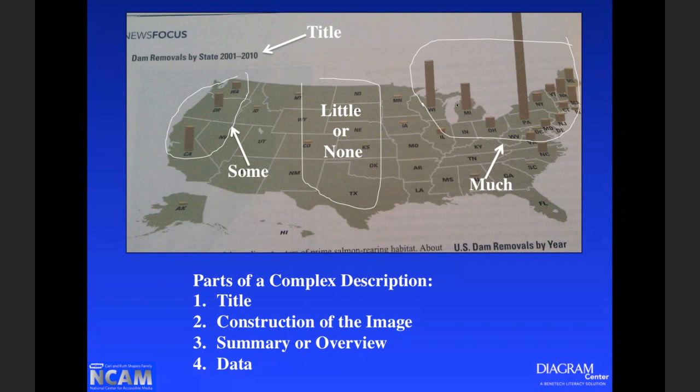The graphic was really just to visually show what I just told you, that general sentiment about where, in the briefest terms, activity was happening, but not to really break it down and say, well, in Pennsylvania, 750 dams have been removed, whereas in Wisconsin it was 35 or whatever. It wasn't that level of information. So, you can stop at the summary or overview level. Okay.